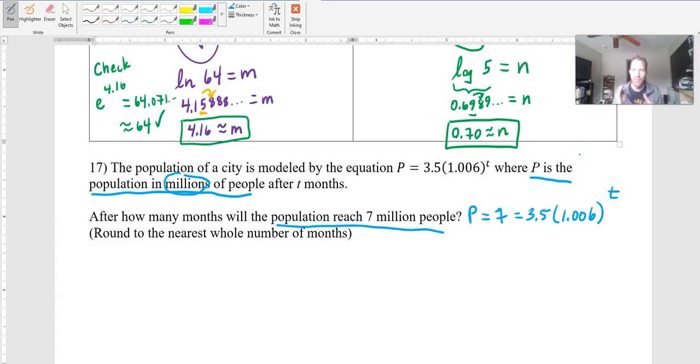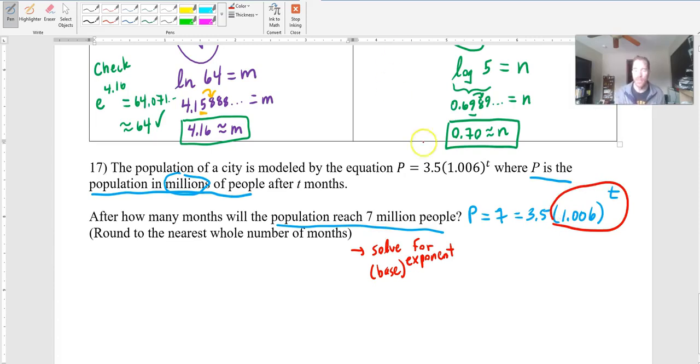But now we're going to try to solve this. Before we throw in any logarithms, I'm going to solve for just the base to the exponent. So that means this part right here. I want to say what is 1.006 to the power of t?